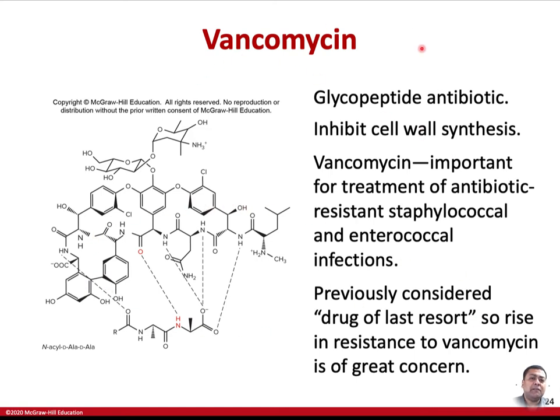So the basic difference to remember between the penicillin group and vancomycin is that penicillin inhibits the enzyme transpeptidase, also known as the penicillin binding protein, which catalyzes the transpeptidation reaction. Penicillin sits in the active site, mimicking the structure of the 2 terminal D-alanines.